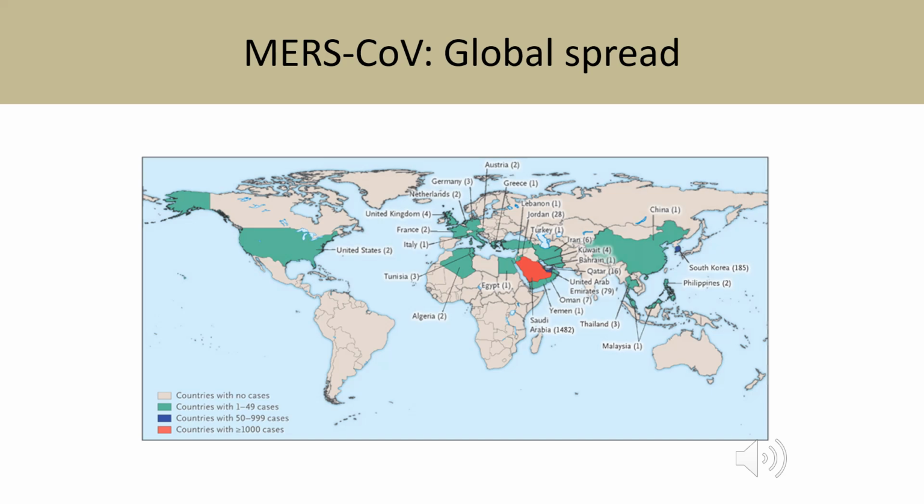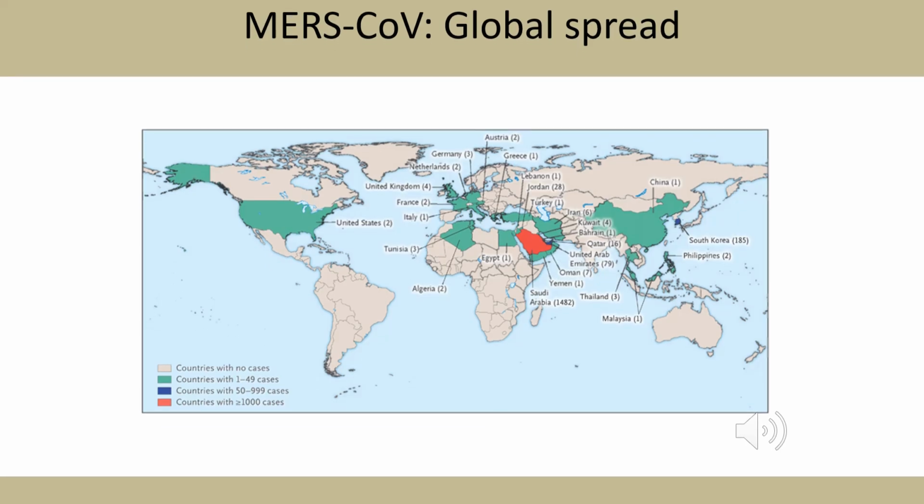Most of the cases that have been encountered were in Saudi Arabia, and there is also a small cluster in the United Arab Emirates. Most other cases that were outside these two countries were related to visits to these two countries and contact with camels or with people who were infected.